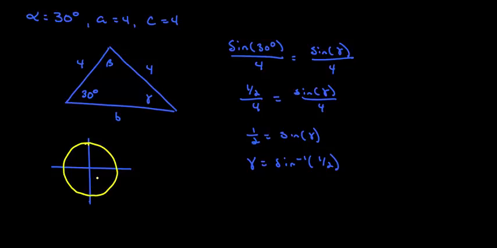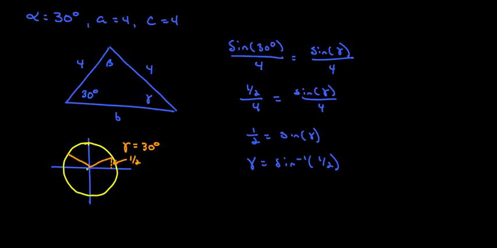Now, this over here on the right side says to find an angle whose height value is 1/2. Well, that occurs over here. So length of 1/2. So that possible angle for gamma is 30 degrees. So at 30 degrees, the sine value is 1/2.